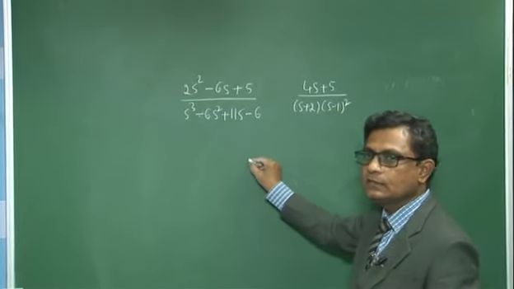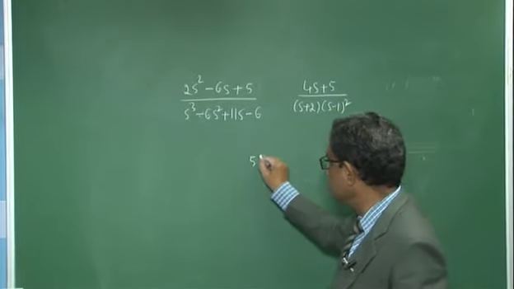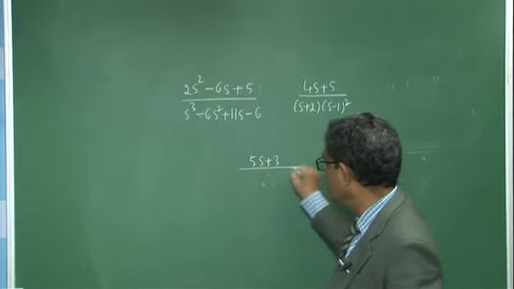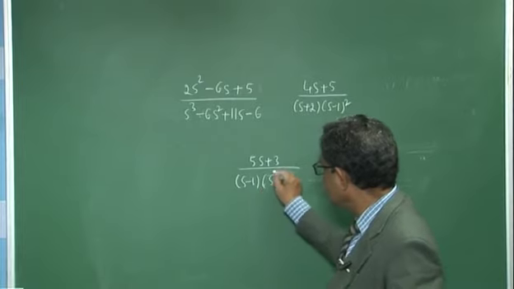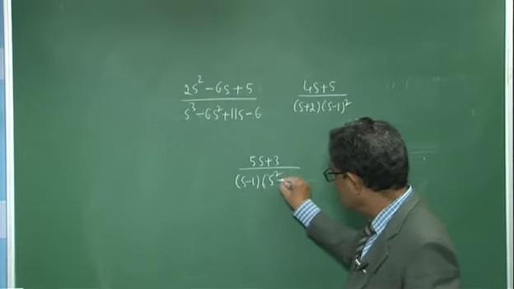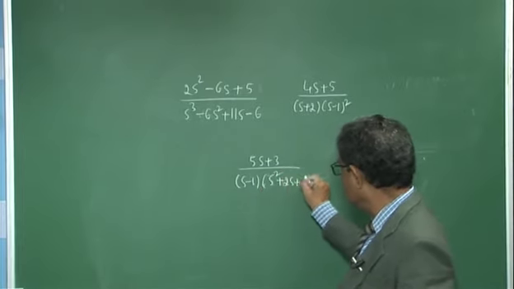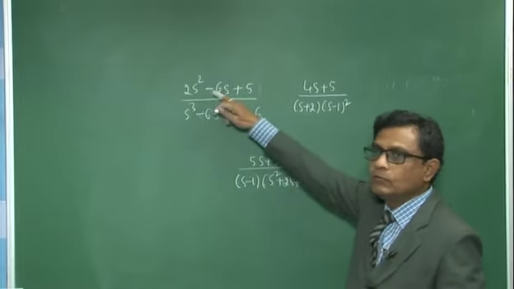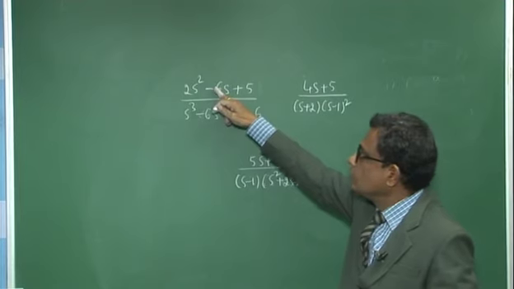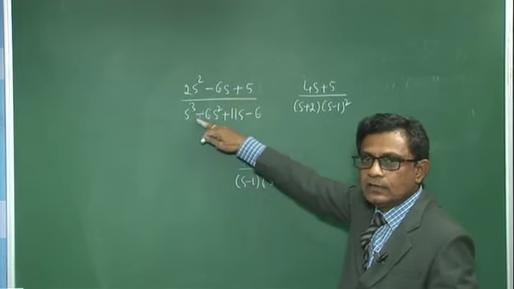If you consider the third example, (5s plus 3) divided by (s minus 1)(s square plus 2s plus 5). Now, you see here the degree of the numerator is 2, the degree of the denominator is 3.